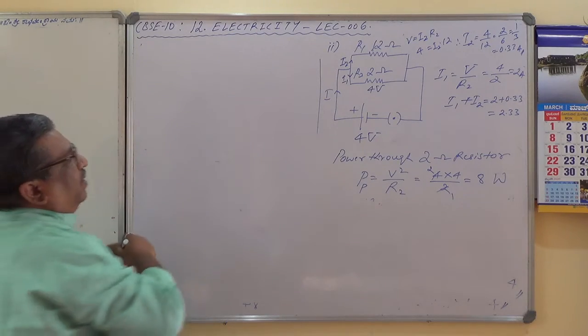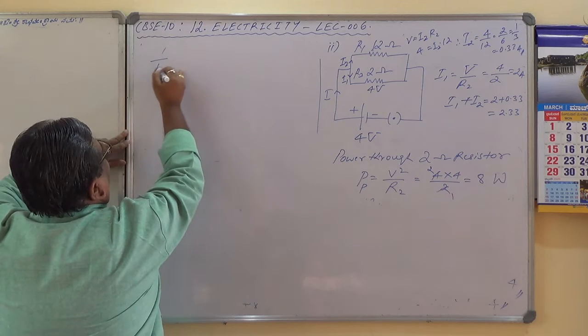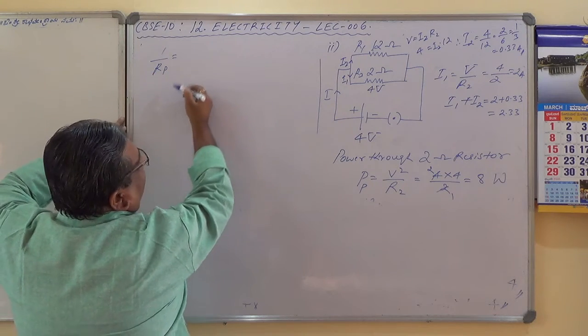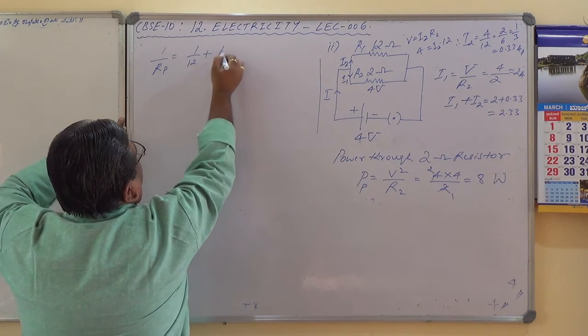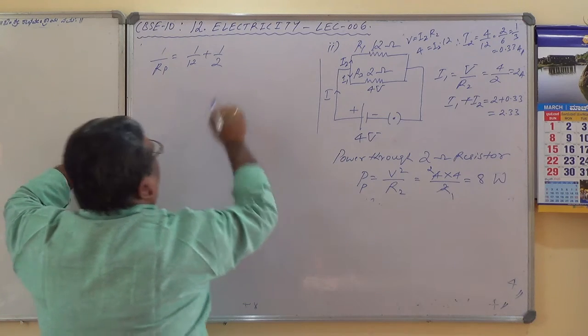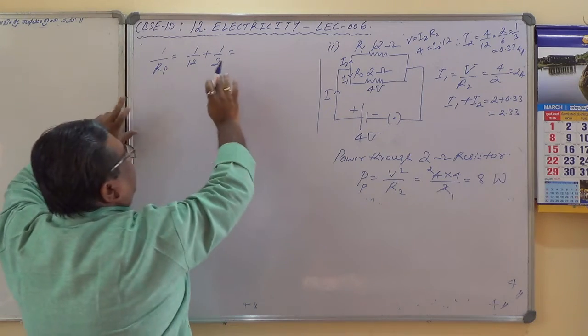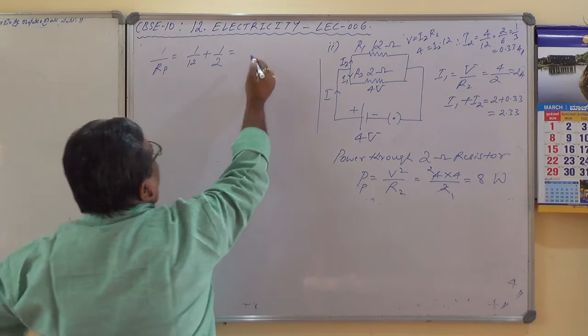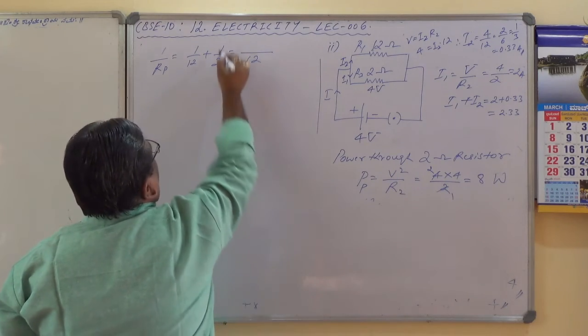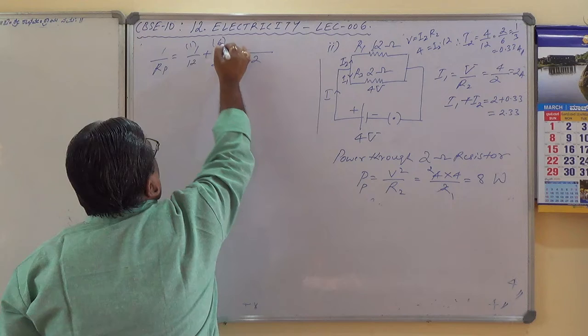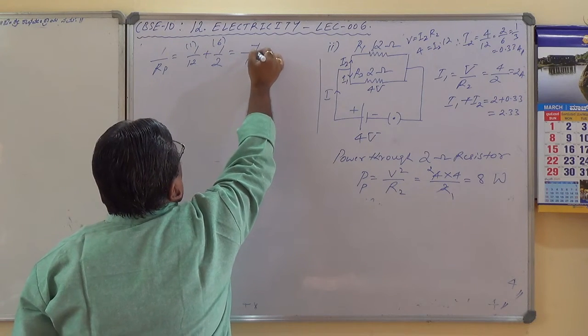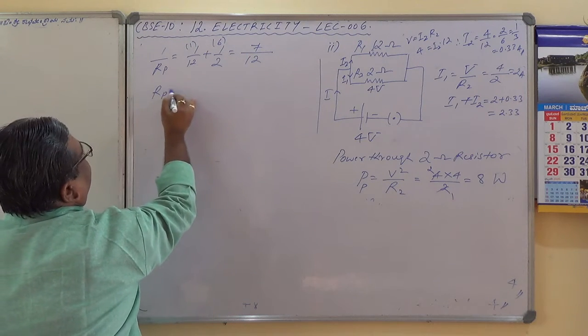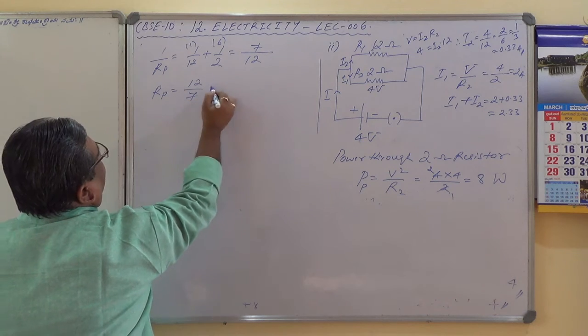How much is Rp? 1 by Rp equals 1 by 12 plus 1 by 2. Okay, now it is correct. I made a mistake there by taking 4 there. What is the LCM? 12. 1 by 12 plus 6 by 12 gives 7 by 12. Therefore Rp equals 12 by 7 ohms.